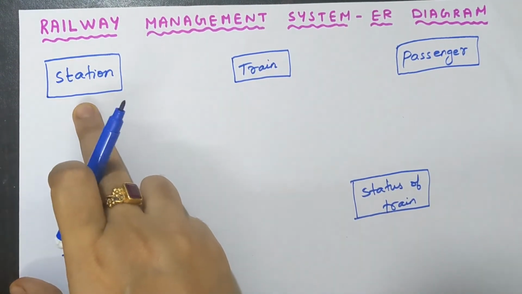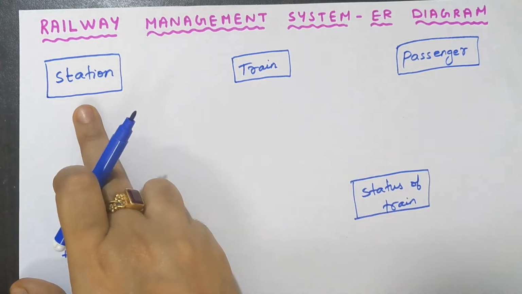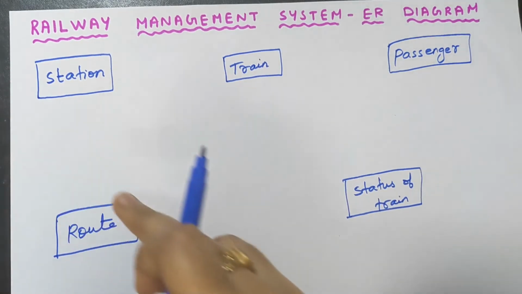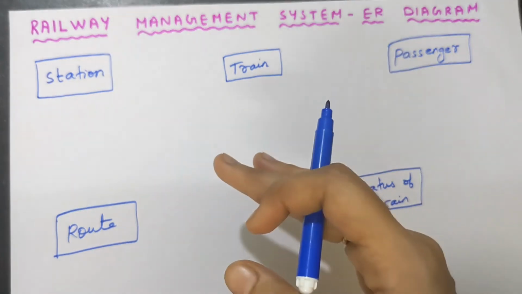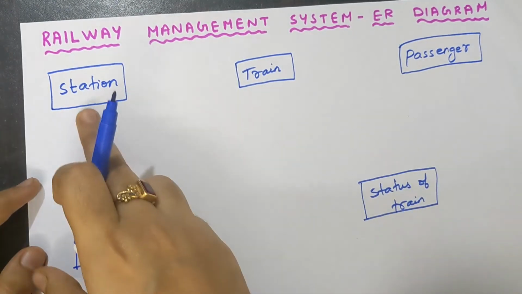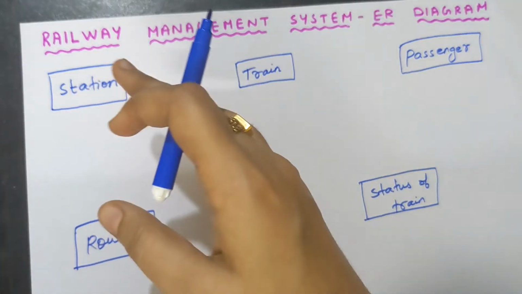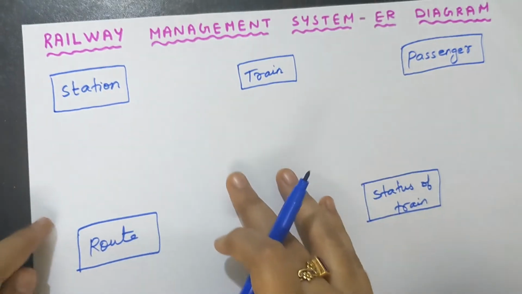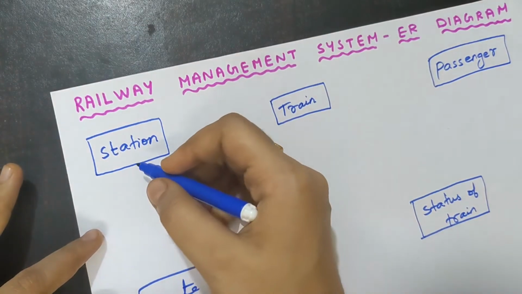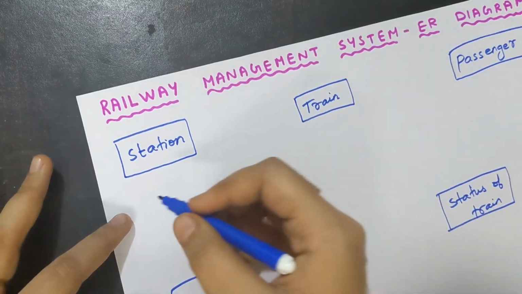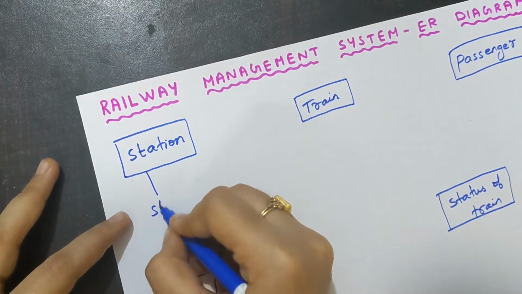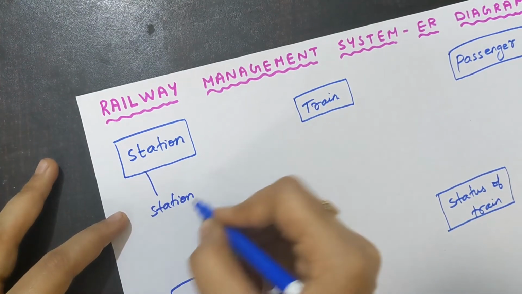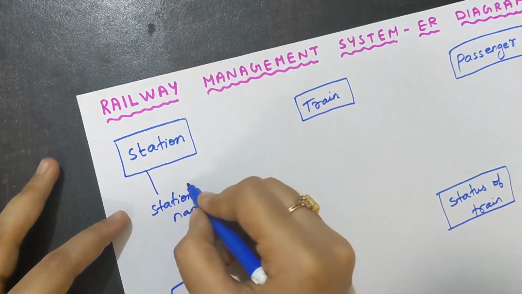Likewise, attribute you have to write inside the oval shape. And also remember, attributes are nothing but characteristics of an entity. So if you take station, what are the characteristics of station? They are called attributes. So the station will have a name. So station name is an attribute.